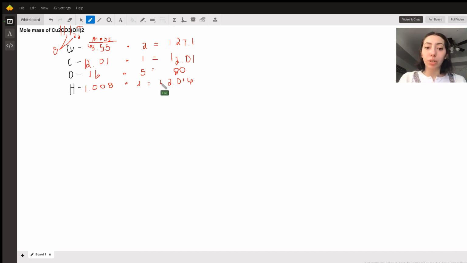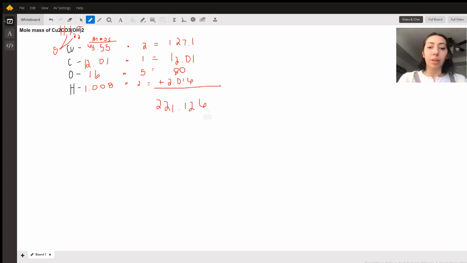So what we want to do is add all of these values together. You're going to add that plus 80 plus the 2.016 plus 12.01, and it gives you 221.126.